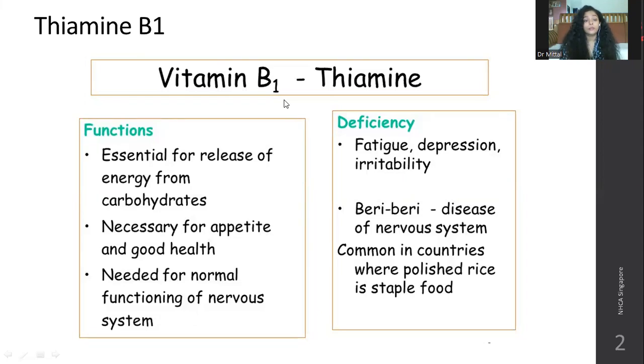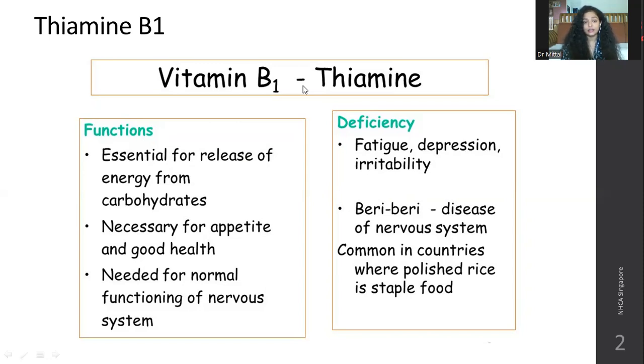So vitamin B1, thiamine, is a B complex vitamin which is known to prevent the deficiency called beriberi. Among vitamin B deficiencies, the most common one is beriberi. So thiamine deficiency leads to beriberi. That is one of the first reasons for beriberi. Now the functions of thiamine.